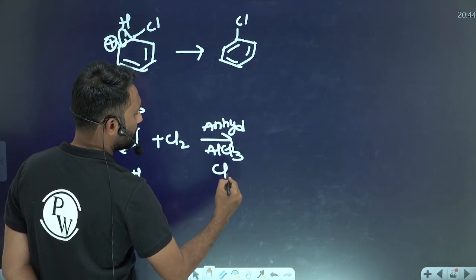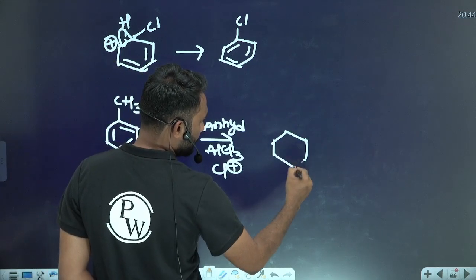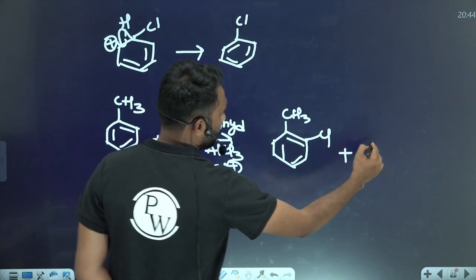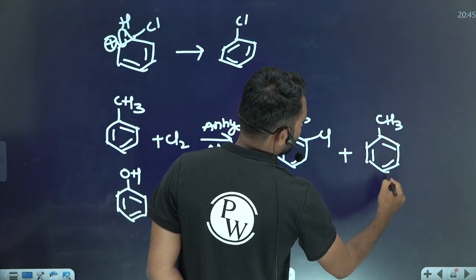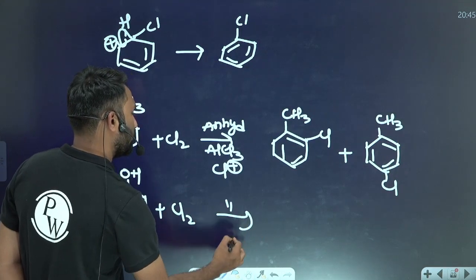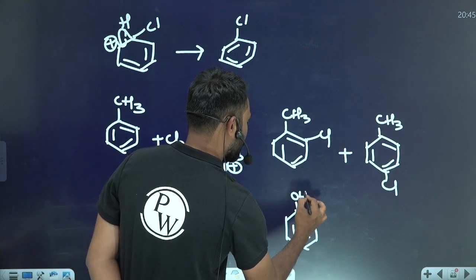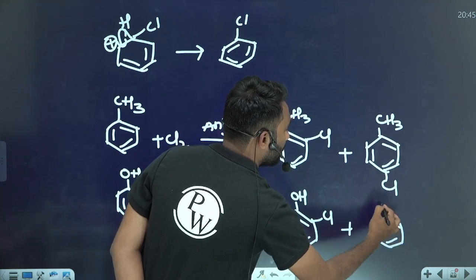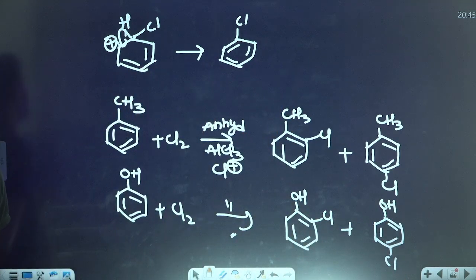Here chlorine is an electrophile. Now this group will decide where the electrophile attacks. One Cl will attack at the ortho position and one at the para position, because this will increase the electron density at the ortho and para positions.